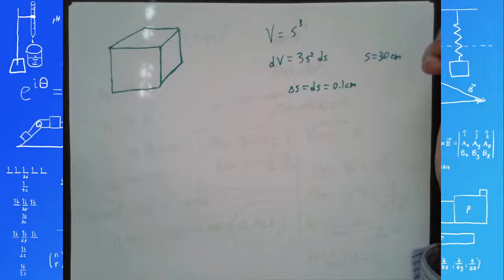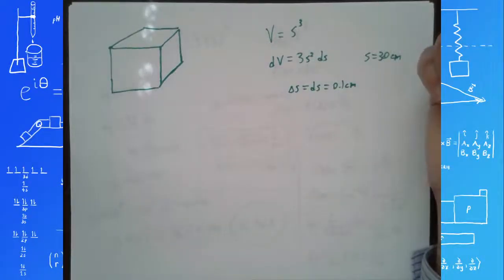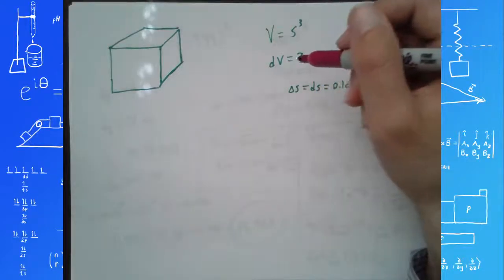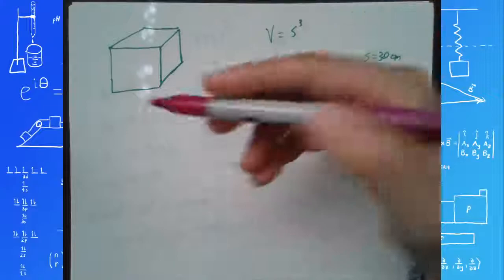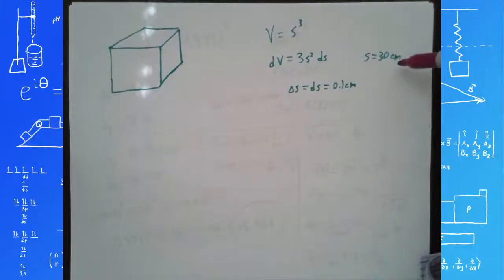I might end up doing both, but let's start with that. Let's say you want to calculate dV as the amount that you need to add to 30 cubed in order to get a larger volume. Let's suppose that the error was in that direction.